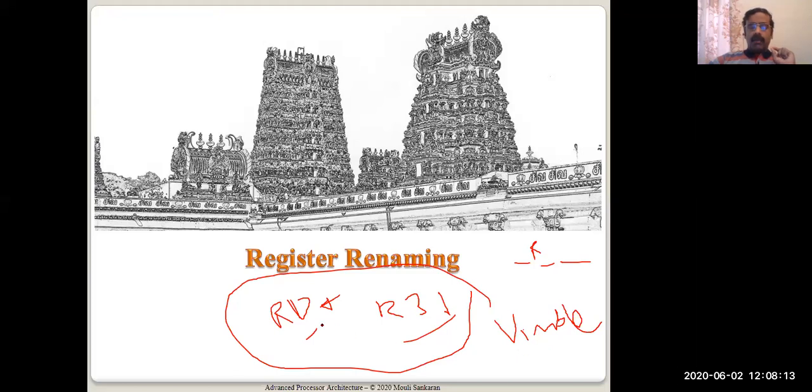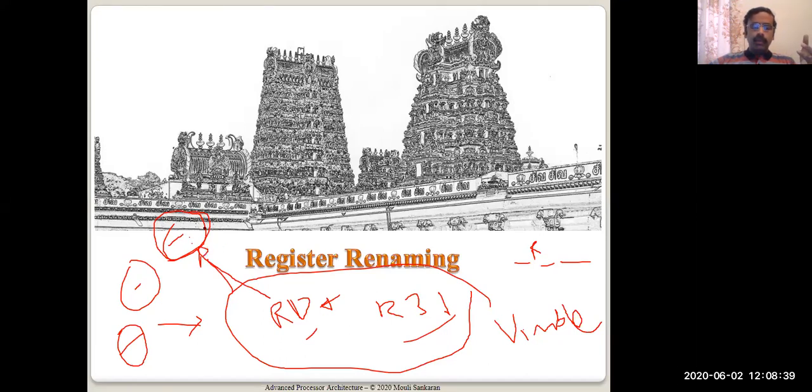Now, apart from these visible registers, the CPU, based on the need, creates another set of registers, temporary registers. It is hardware, like a register. It is also hardware. It is all temporary registers. That means a temporary register here can hold the value of R0 for some time.